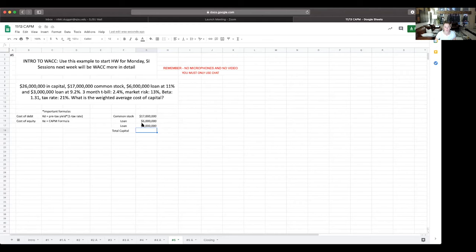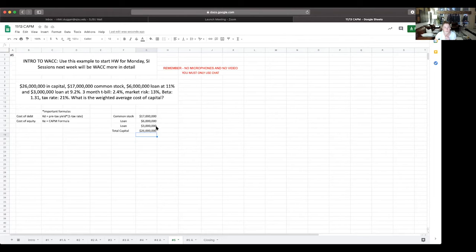For example, for total capital, instead of typing in 26 million, do equals sum and then add the sum. Then if you have another problem with different numbers, it will automatically calculate this, and everything further on will change as well. That's just a little tip that I always use.